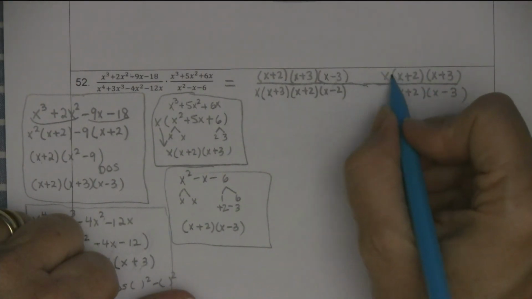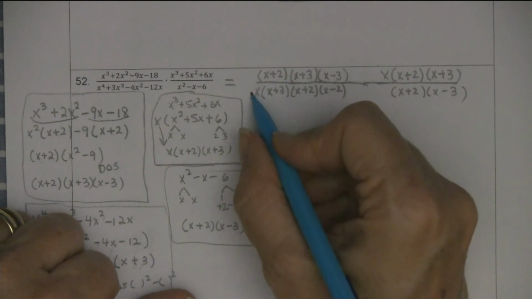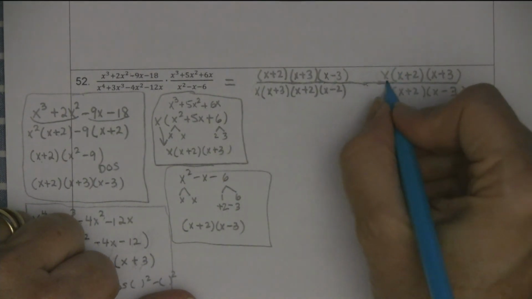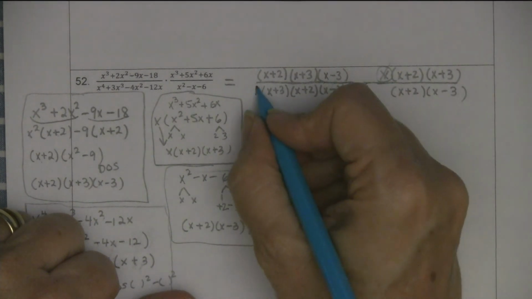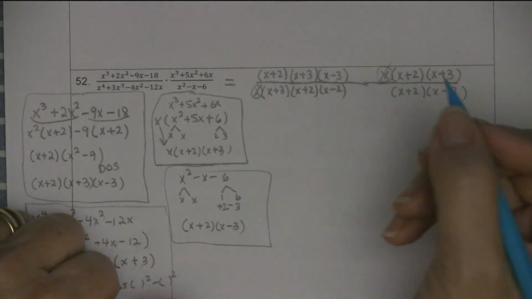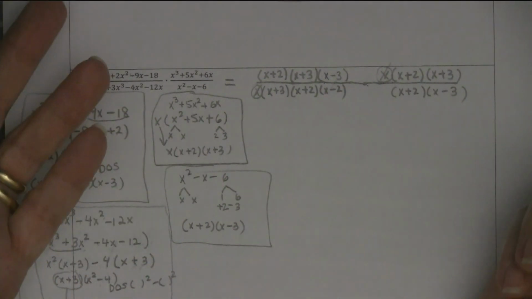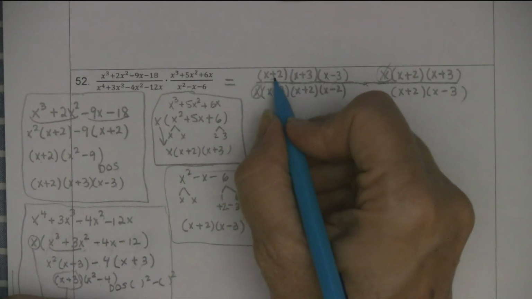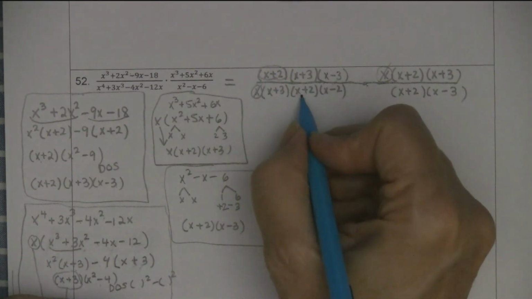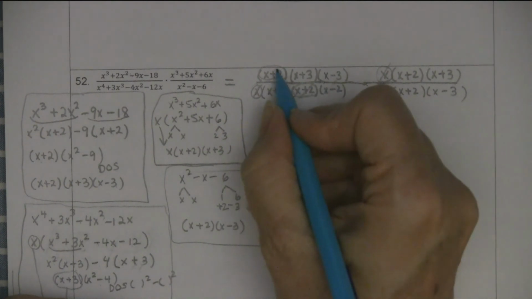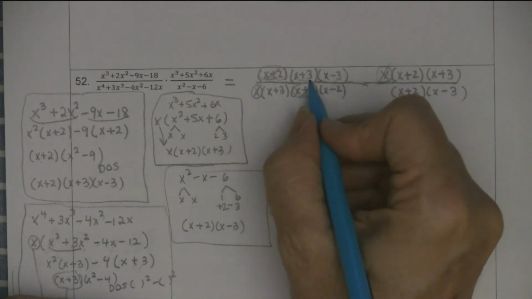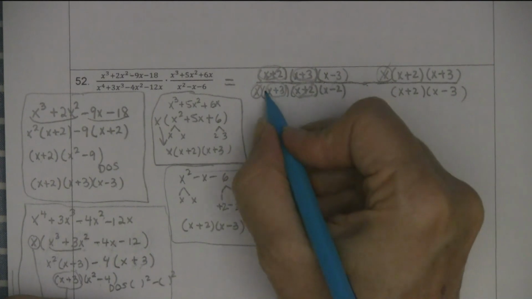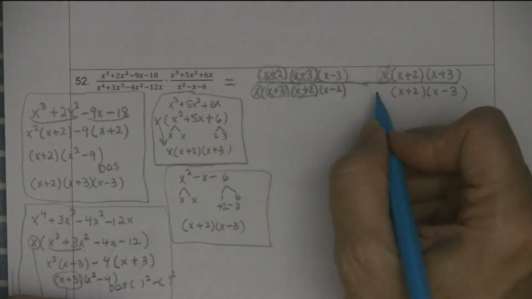A monomial x will reduce with a monomial x, and so these reduce out with one another. They're the same size, monomial, and they're both x's. They have to be exactly the same, so that when you divide them, you get 1. X plus 2 divides with an x plus 2 right here and gives 1. X plus 3 with an x plus 3 gives 1.